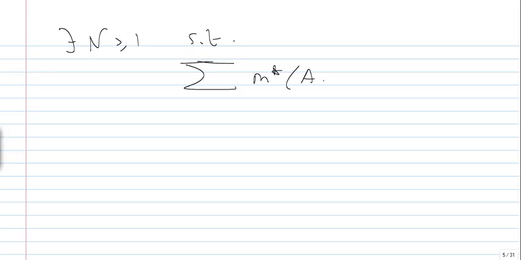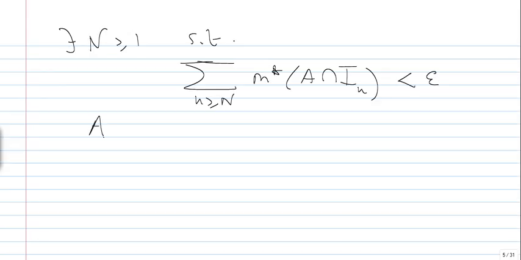Therefore the series is convergent, and there exists an N such that the sum of the outer measures of A intersect I_n for n greater than N is less than epsilon.